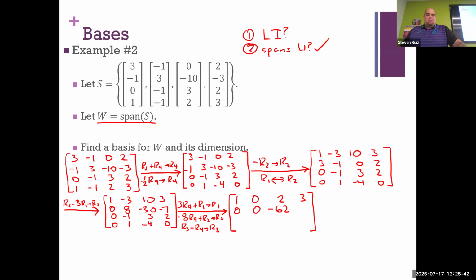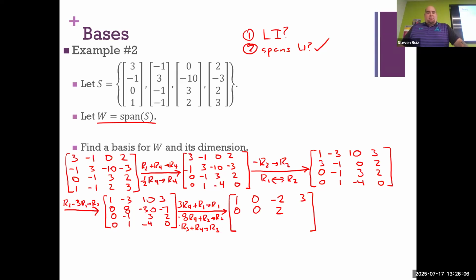So let's make sure 3 times row 4, which is negative 12. I think it's negative 2, right? Okay. All right, that's better. But that's got to be different. That's got to be 2, right? That's what I'm talking about. Oh, that's the one you're talking about. Okay, gotcha.